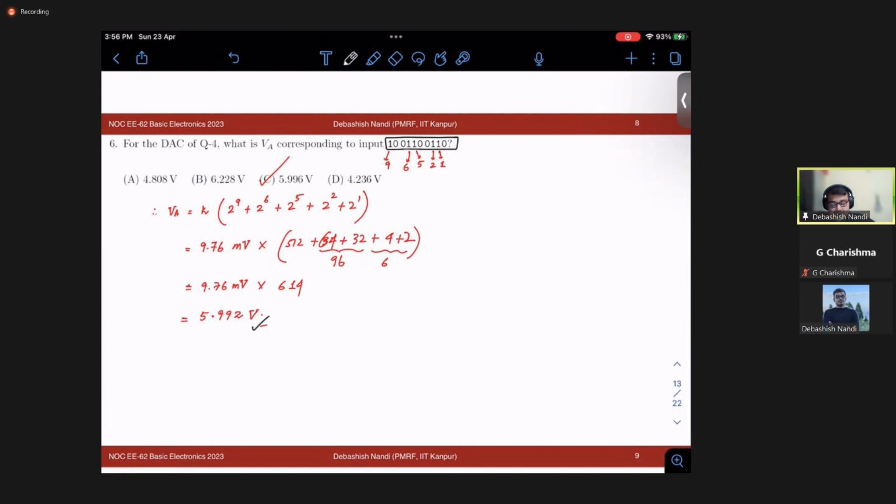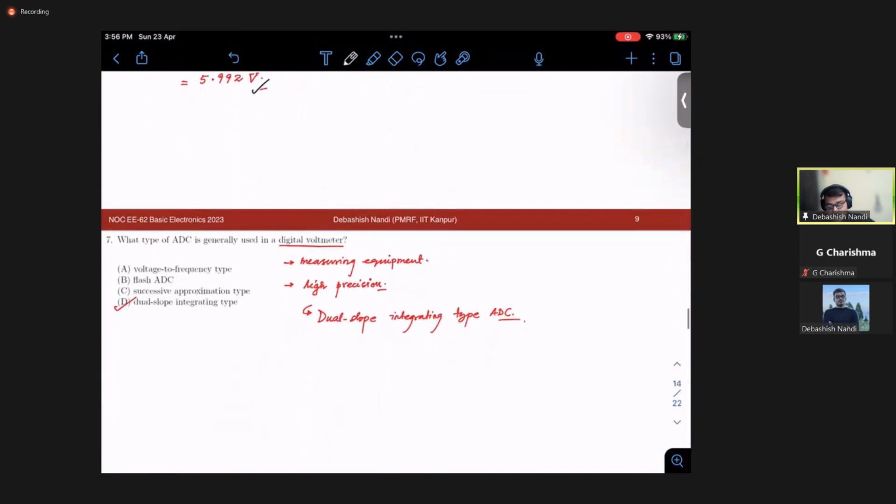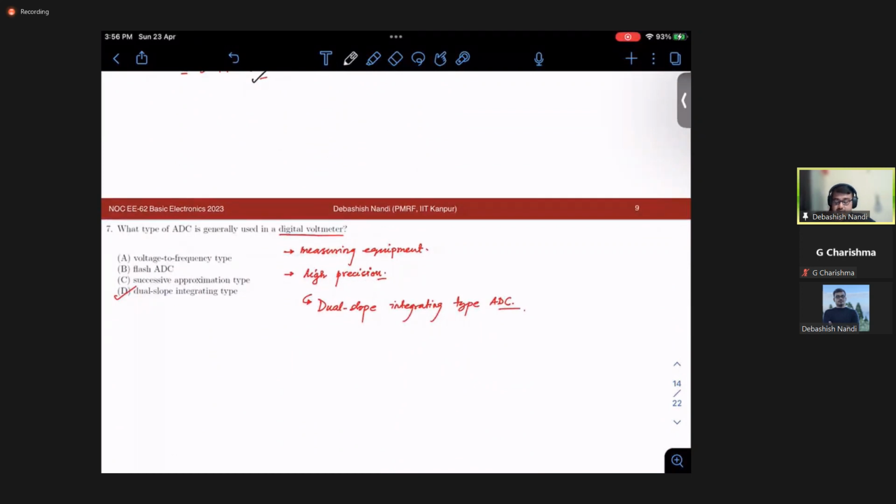Also, the question was what kind of ADC is generally used in a digital voltmeter. We see that, due to its high precision, dual slope integrating type ADCs are used. Okay, so now let's move on.